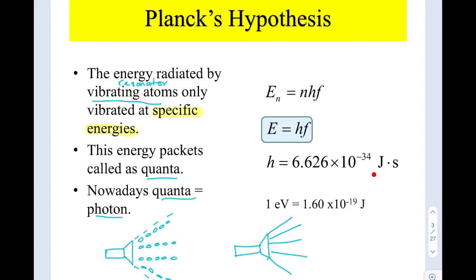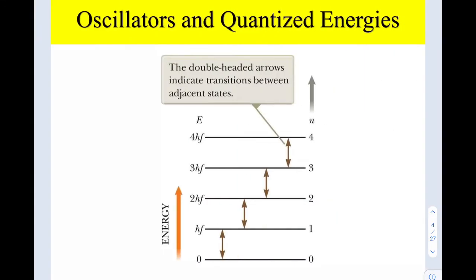You may check this from the constants in your calculator. And f is the frequency at which the vibrating atoms or resonators vibrate. You also need to know the conversion factor, because when we deal with the atomic level, the unit of joule is too big. So the common unit used is the electron volt. 1 electron volt is equivalent to 1.6 times 10 to the power of negative 19 joules.